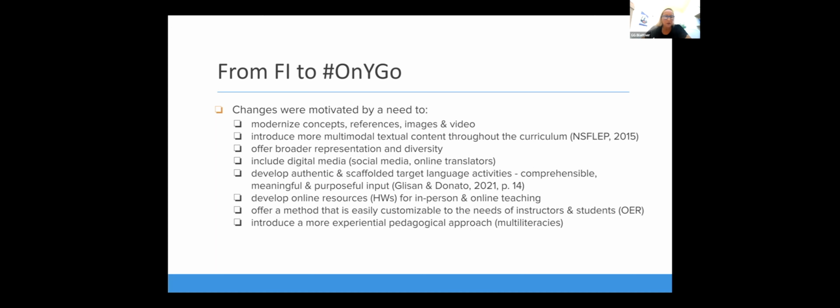And we also wanted to offer a method that is truly customizable to the needs of the instructors and the students, because we all know that we're teaching in a variety of regions across the United States and the world. And so some of the cultural aspects that are presented may not be as relevant to some or to others. And then we wanted to introduce a more experiential pedagogical approach through multiliteracies.